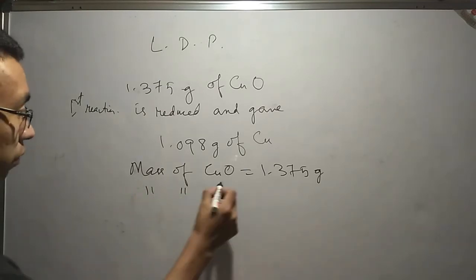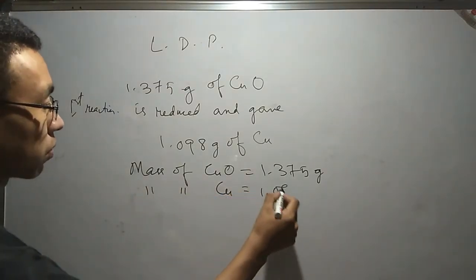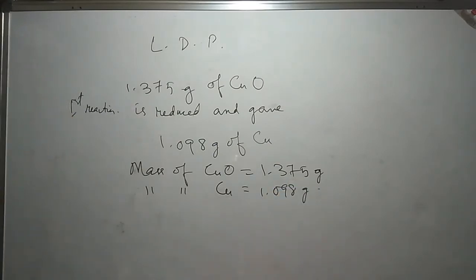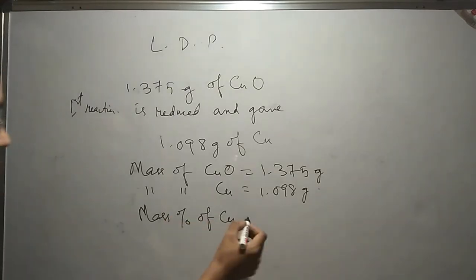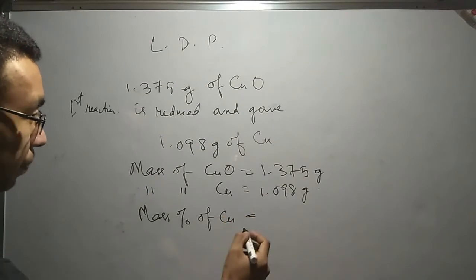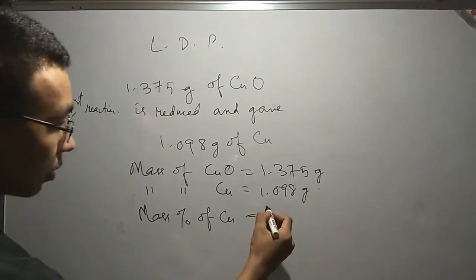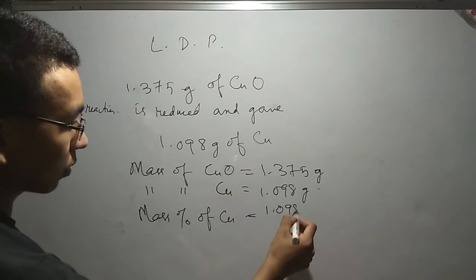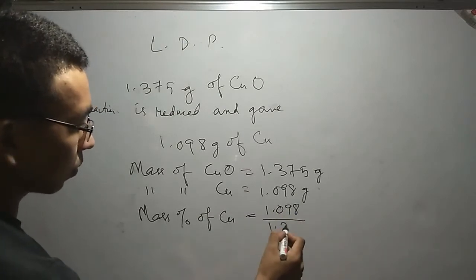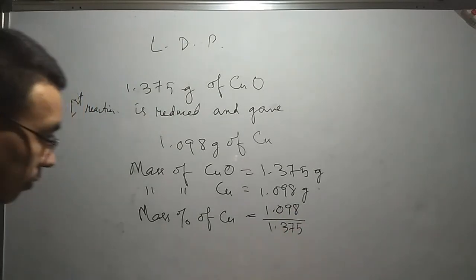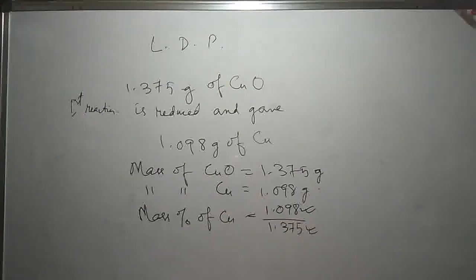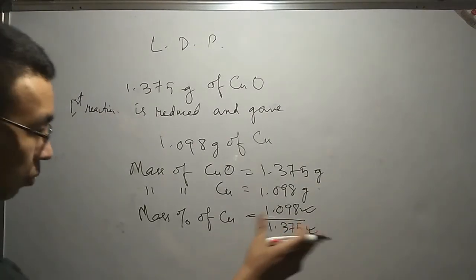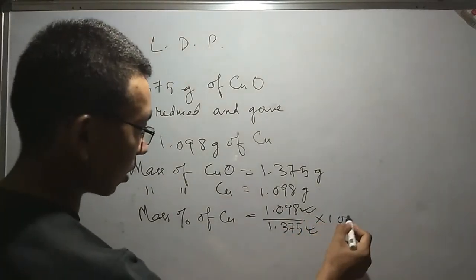So the mass of copper equals 1.098 gram. Now the mass percent of copper is equal to 1.098 divided by 1.375, where this is the mass of the copper and this is the cupric oxide, into 100.